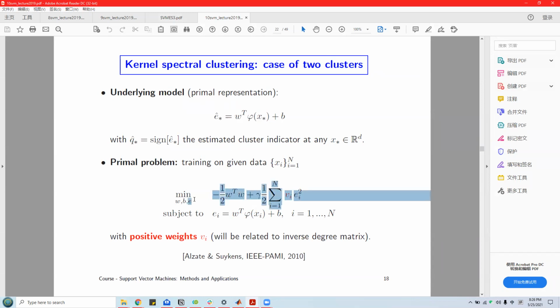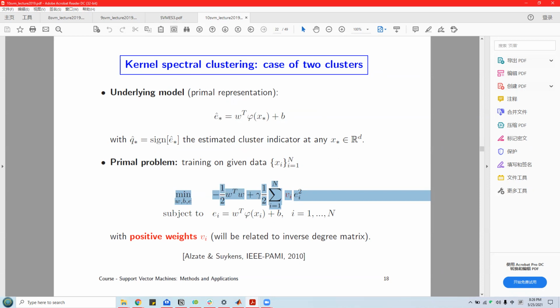I think this formula is quite important, basically describing what you are trying to do. And then this is the formula, the primal problem for spectral clustering.